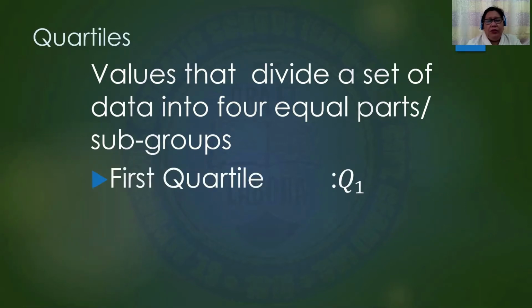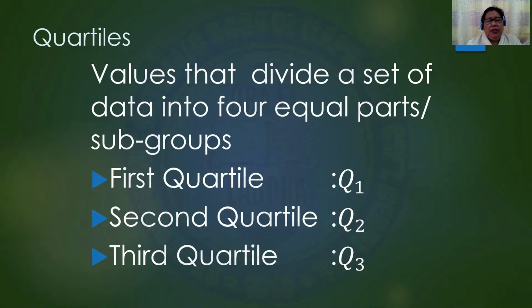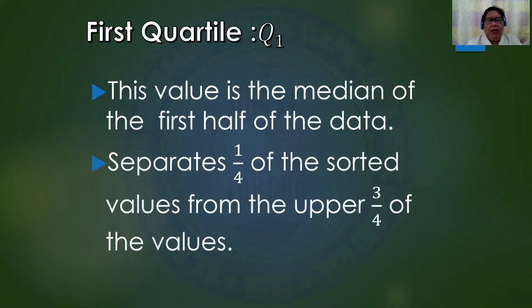And we have to compute for the first quartile represented by Q1, second quartile represented by Q2, and third quartile represented by Q3. For the first quartile, this value is the median of the first half of the data. It separates 1/4 of the sorted values from the upper 3/4 of the values.